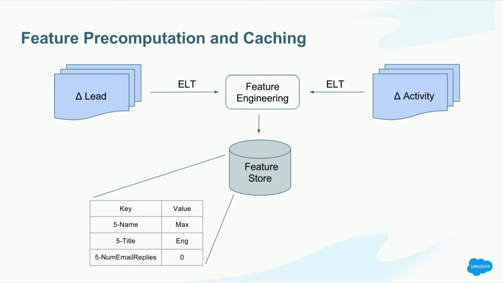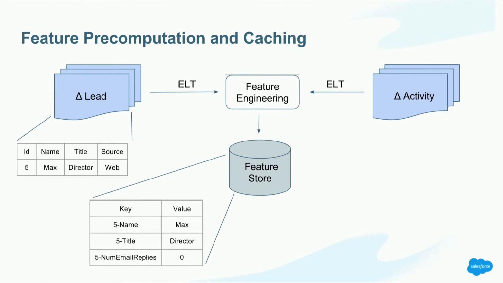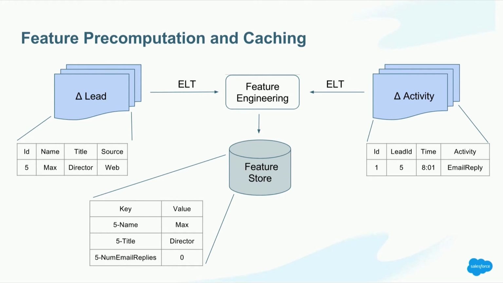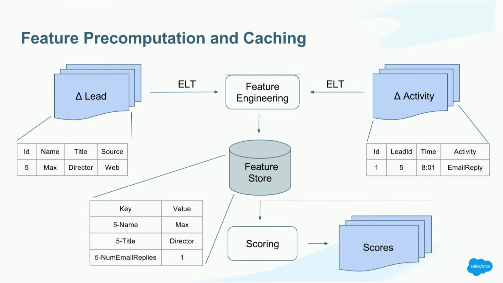As new data comes in, for simple features, we just update them in the feature store, and for aggregate features, we increment them. This way, we can do our scoring decoupled at any point after, because data is guaranteed to be up to date in the feature store. And as you can see, this only scales linearly with more sources. For n sources, we just have to do n times more computation.